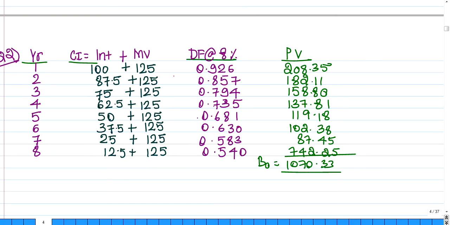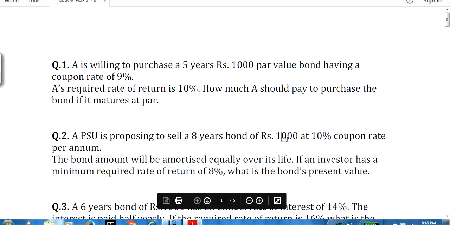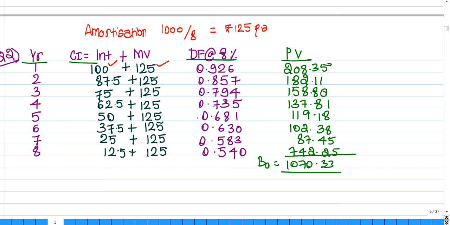Very easy. It is a case of amortization. Amortized every year, so 1000 rupees for 8 years, it will come to 125 per annum. So first year 100 rupees interest, that is 10% interest on 1000. You will redeem 125.